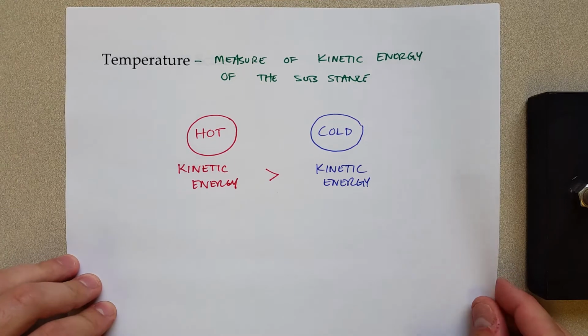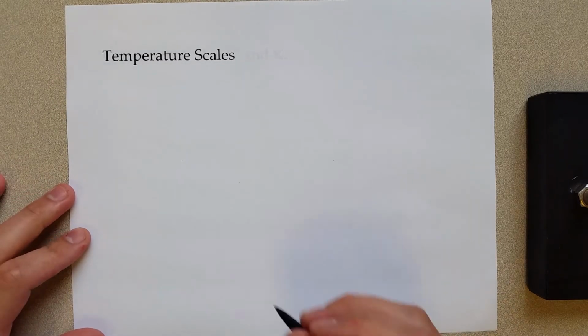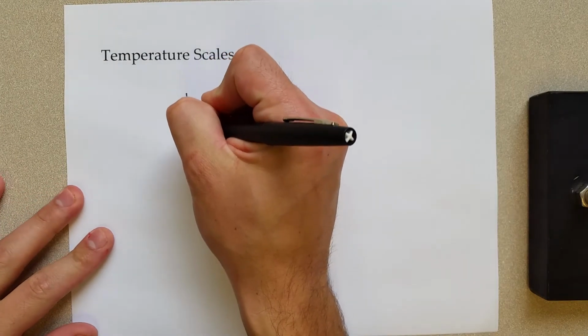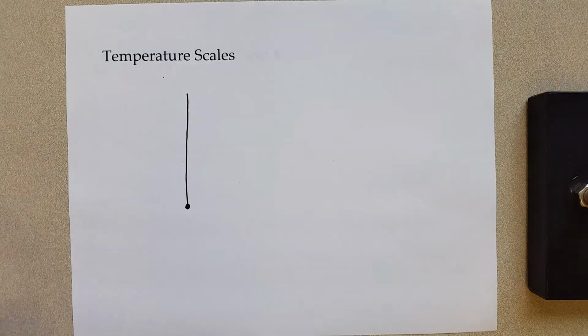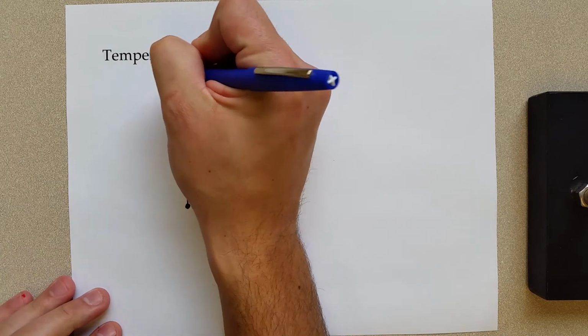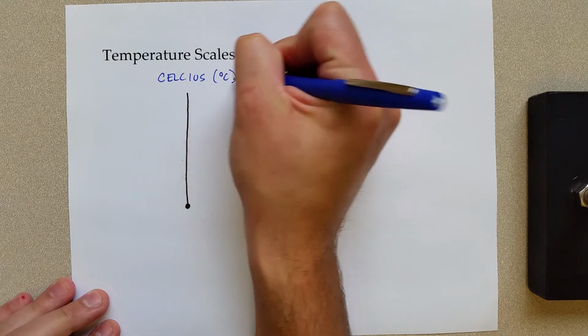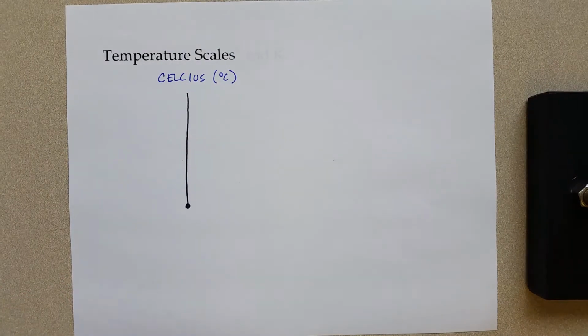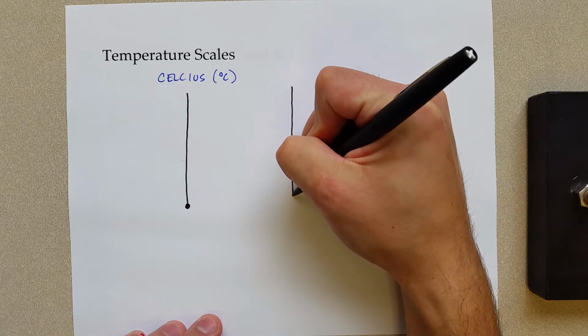The units that we use for temperature depend on what scale you're using. There are three main scales used. There is the Celsius scale, which has units of degrees Celsius, or degrees centigrade, a little bit older term. There's the Kelvin scale.